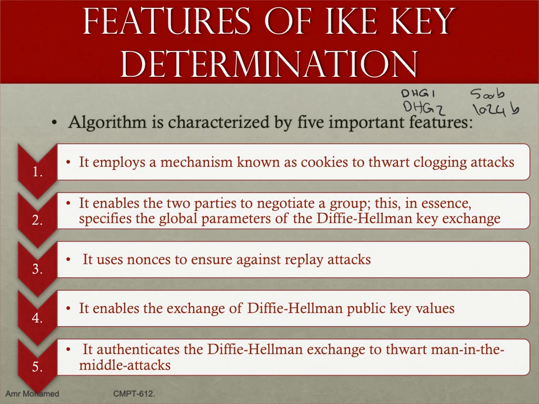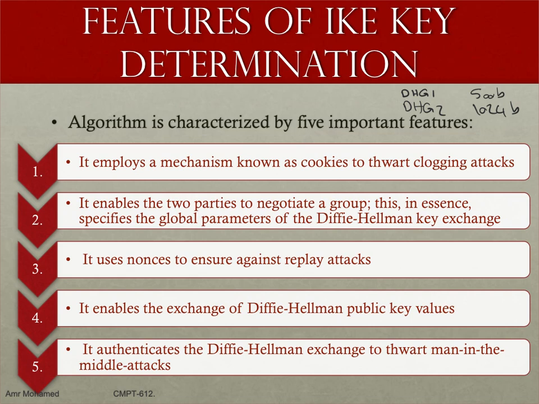Okay, so this Diffie-Hellman group gets negotiated between the initiator and the responder. There are some predefined Diffie-Hellman groups as part of the standard. The initiator sends these are the available Diffie-Hellman groups that I can use. Then the responder would say, okay, I can use this Diffie-Hellman group, and based on this negotiation, they can negotiate a Diffie-Hellman group for each direction.